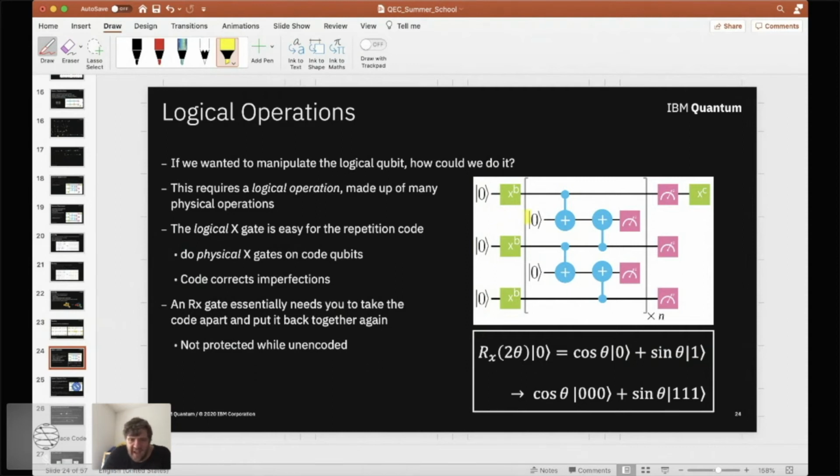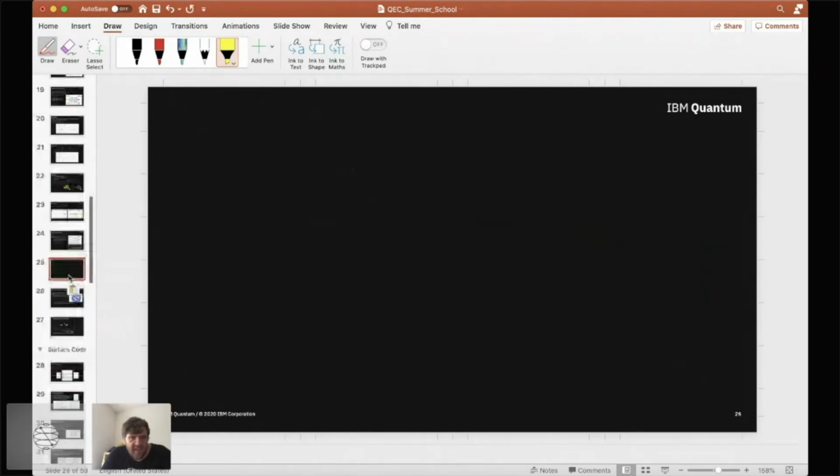So doing an X gate on the repetition code is easy, but what if we were to do, say, an RX gate? So what would an RX gate mean? An X gate means that if we have a 0, we want it to become a 1.